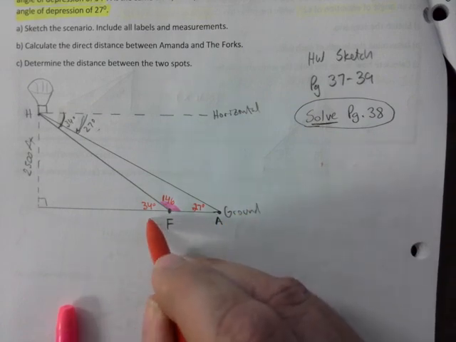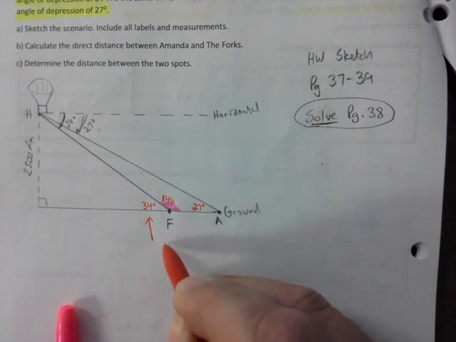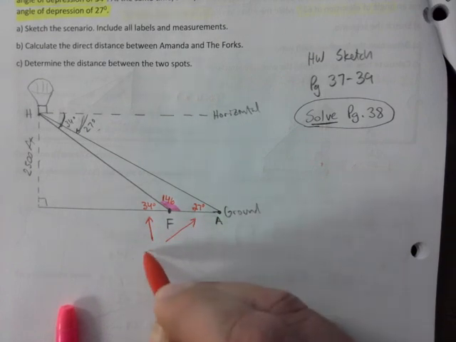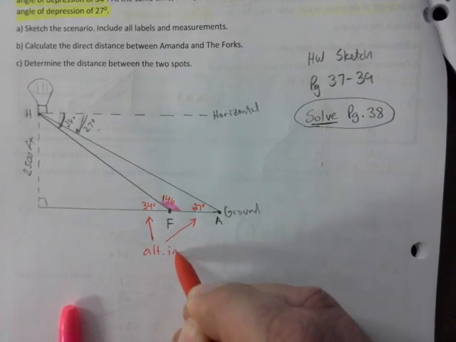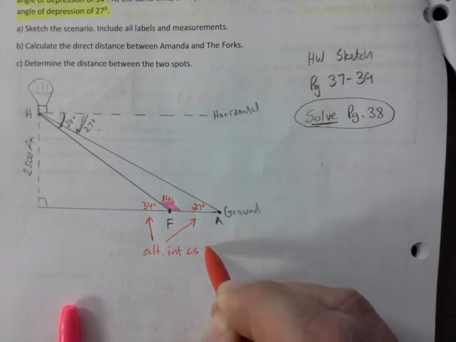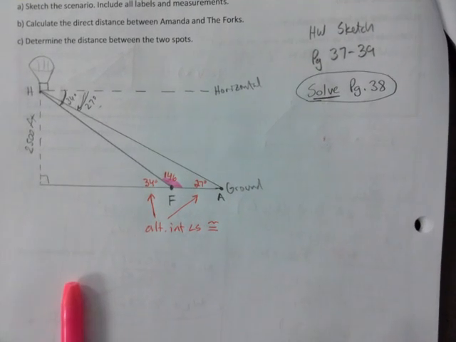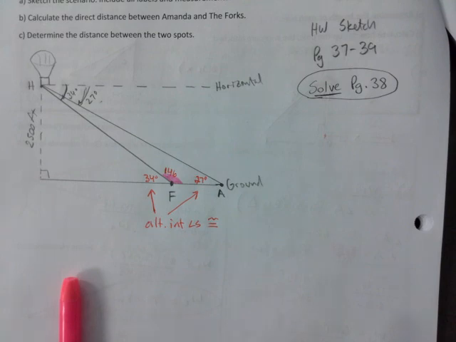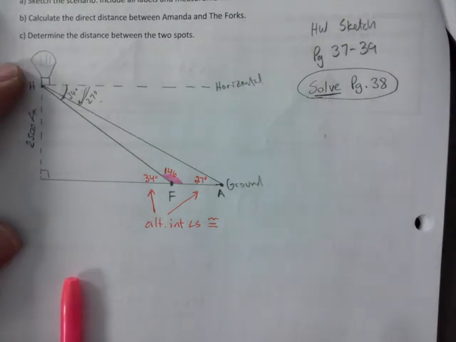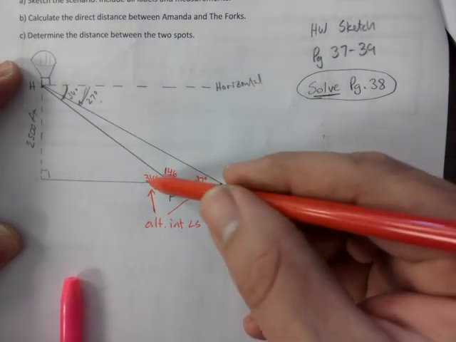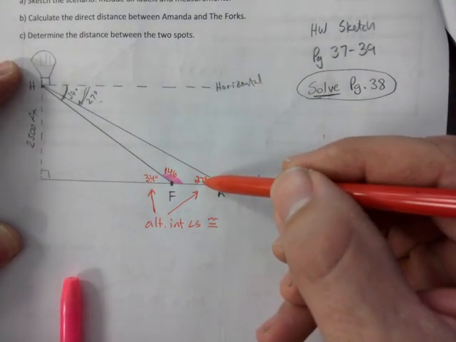Okay, for these two, I use alternate interior angles are congruent. I couldn't find the congruent symbol, so the one on your handout has just three lines as the equal sign. So boom, boom, boom, all that is done.